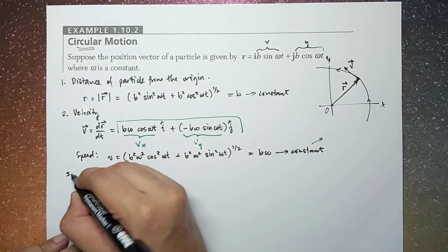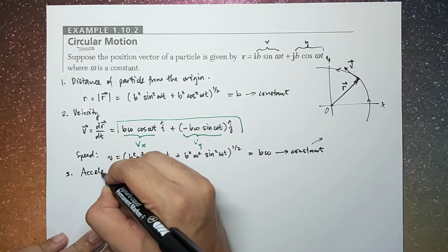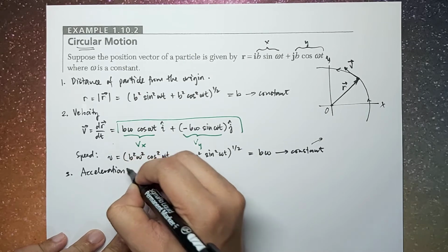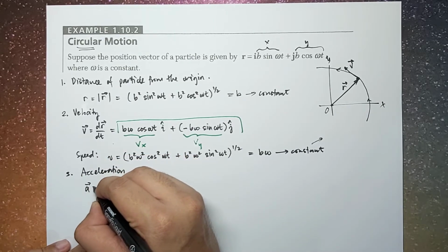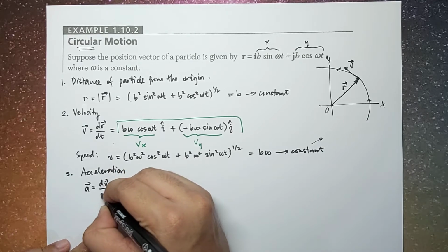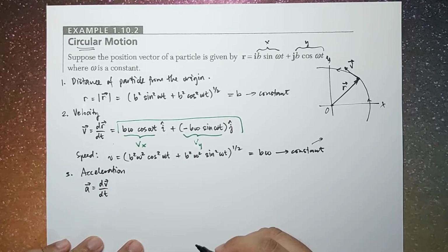Now, how about the acceleration? Again we do another derivative. This time we differentiate the velocity function.